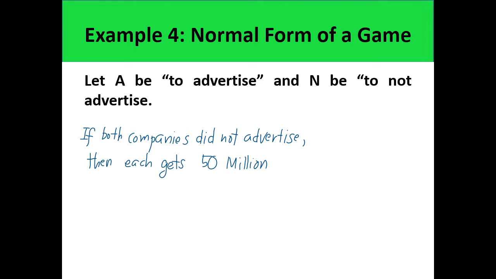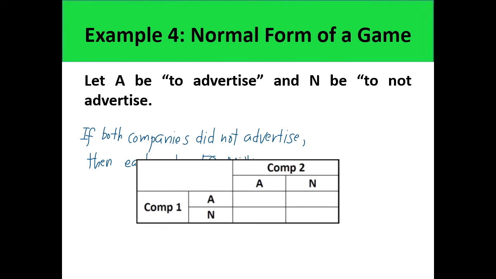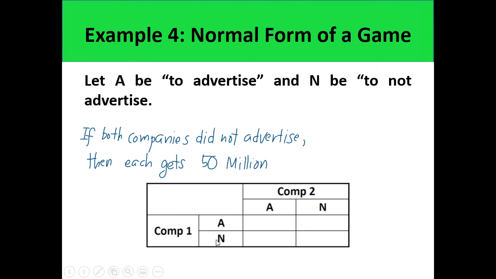There is no decrease in revenue since they did not pay for advertisement, and there is no capture of the market share. So for the normal form, the cell corresponding to N, N will have 50 million, 50 million.